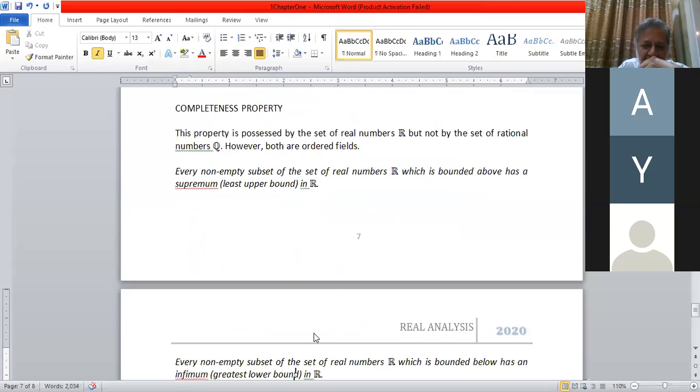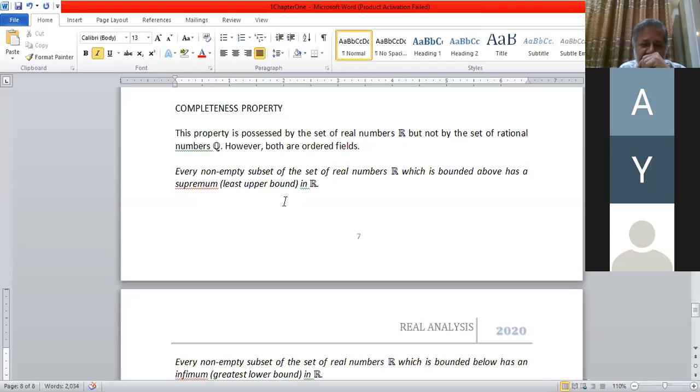Now we can come to the last and one of the most important properties of the set of real numbers, the completeness property. This property is possessed by the set of real numbers, but not by the set of rational numbers. However, both are ordered fields. Now, what is the completeness property?